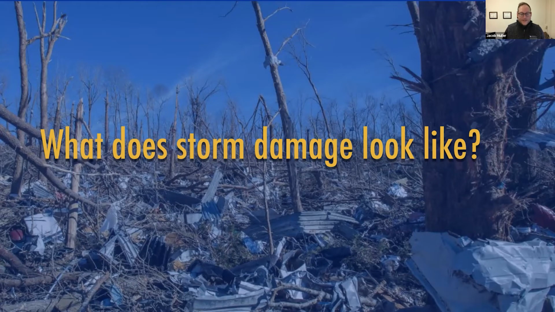There might not be much left, or if there is, it's very poor quality wood. Other times, depending on if you're on the periphery of those storms, at least if we're talking about tornadoes as a damaging agent, there'll be some mixed severity of that damage, right?